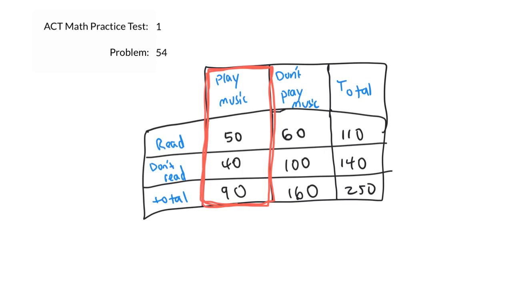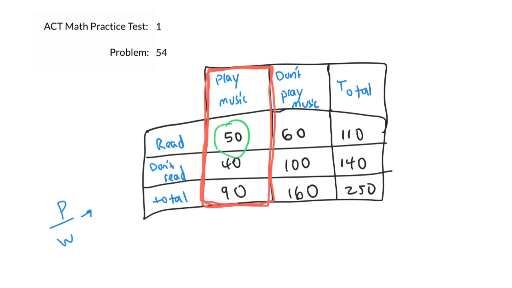Now we want to know what's the probability that a randomly selected person likes to read, in this structure, given that they are one of these people. Well, that is this particular cell right there. So that will be a probability of, you can think of as part over whole.